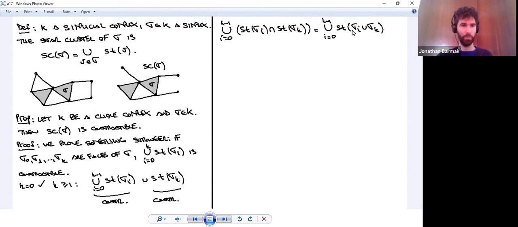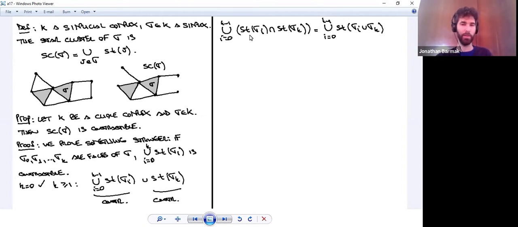In general, for general simplicial complexes, this is not true. I mean, there is one inclusion. The right is always included in the left-hand side, because if we have a simplex which is in the star of sigma_i union sigma_k, it is certainly in the star of each of them. The other inclusion in general is not true, but it is true for clique complexes.